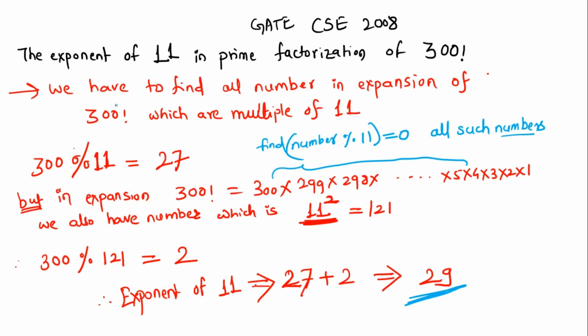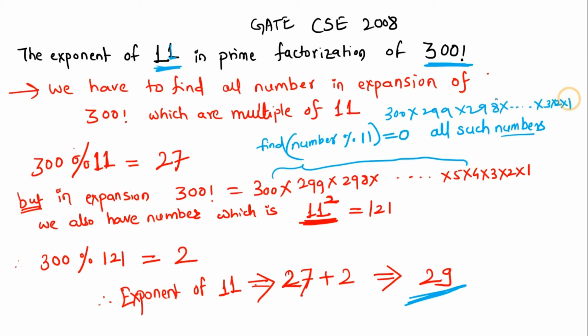Next question is: let the exponent of 11 in the prime factorization of 300 factorial. We have to find what is the exponent of 11 in the prime factorization of this particular number. Now we have to find all numbers in the expansion of 300 factorial which are multiples of 11. If we expand this, we get 300 into 299 into 298 and so on till 3 into 2 into 1.